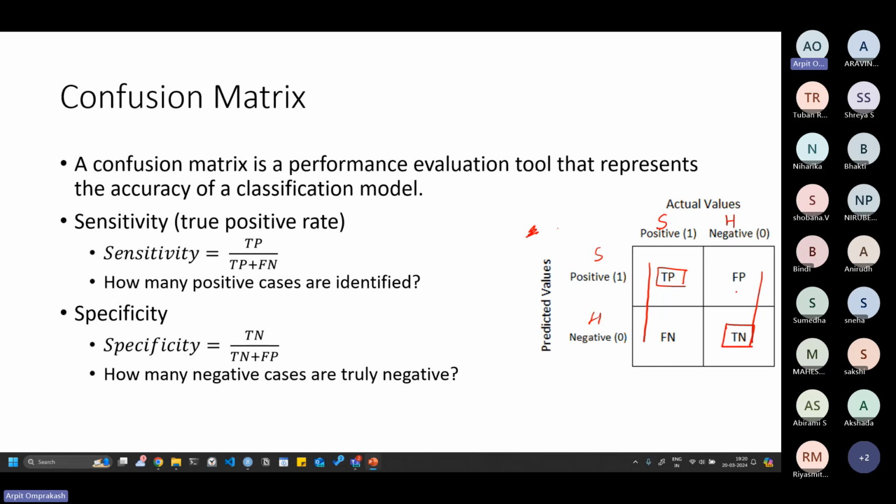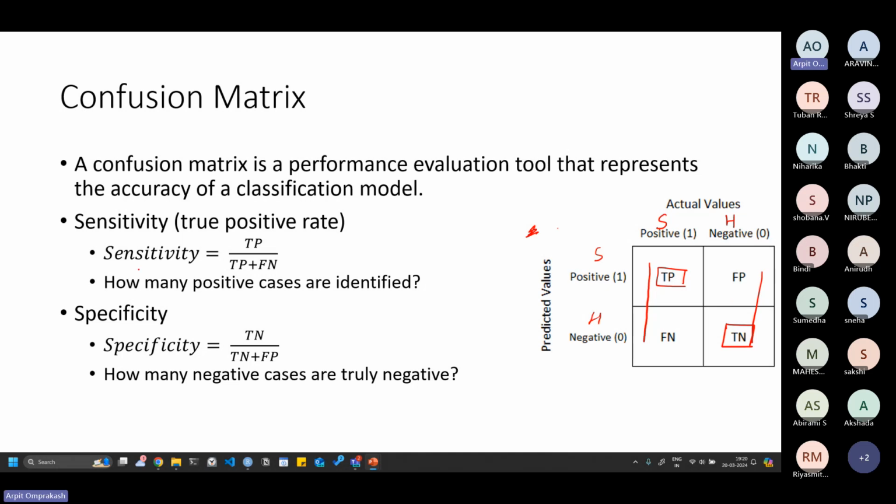Right. So let's say we have a model that is predicting whether a person is sick or healthy based on something. Positive here means sick and negative here means healthy. True positive will be when a sick person is predicted as sick. True negative will be when a healthy person is predicted as healthy.